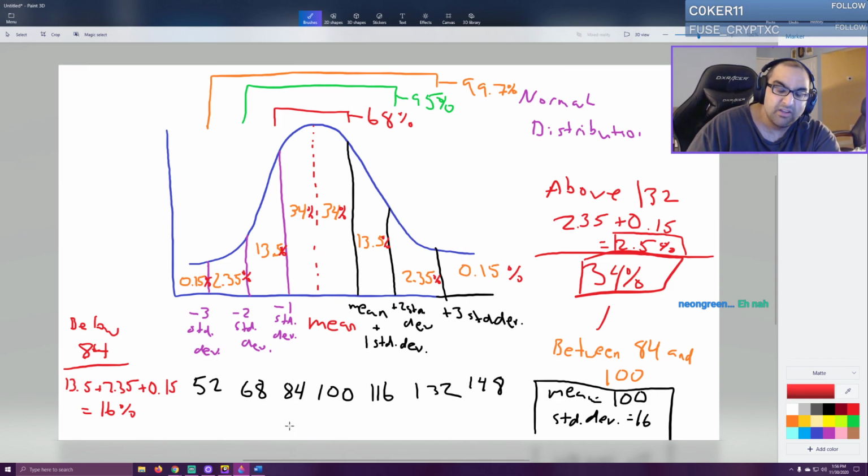So you only have +1, +2, +3 standard deviations, -1, -2, -3 standard deviations. So you have a very limited number of scores. What if you wanted to say, I want to find the data item that is 1.73 standard deviations away from the mean, some random number like that.